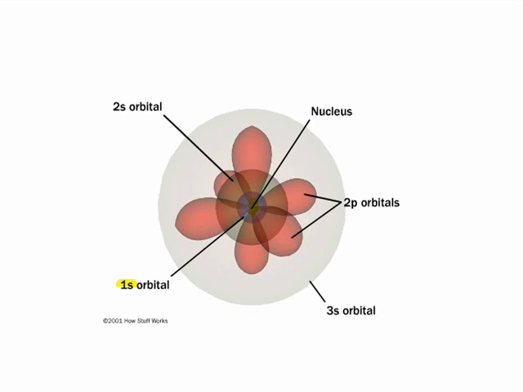The second energy level has an s orbital here and a p orbital. So the second energy level has an s and a p orbital there. The third energy level goes up to a s. So we have a big s, round spherical energy level. So these are where the electrons will be.